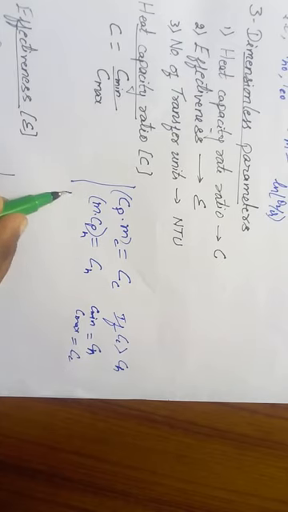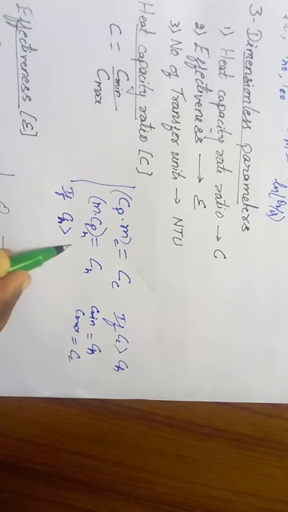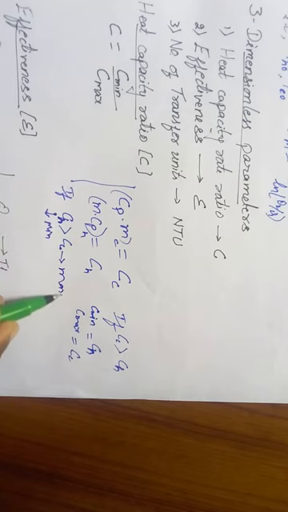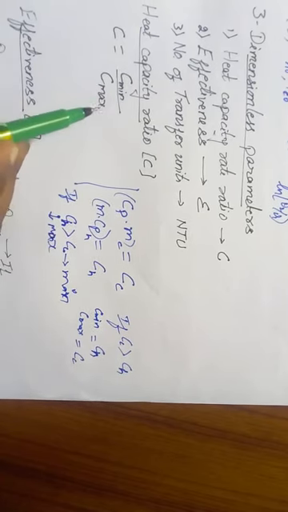On the other hand, if Ch is greater than Cc, then this is maximum and this is minimum. So this is how C min and C max are taken.